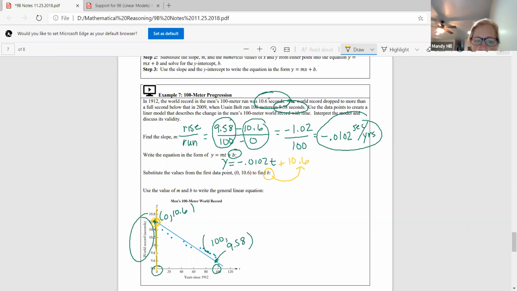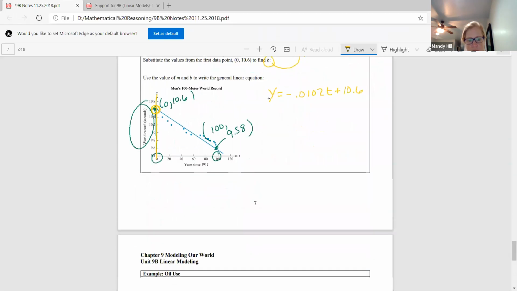And use the value of m and b to write your general equation: y equals negative 0.0102 t plus 10.6. So there's our equation of our line.